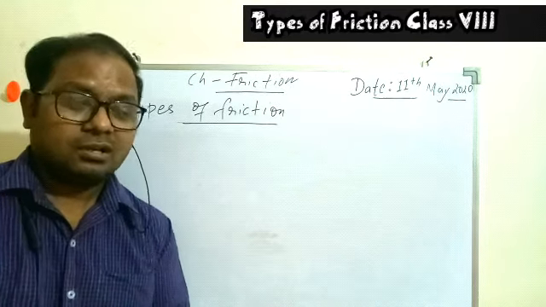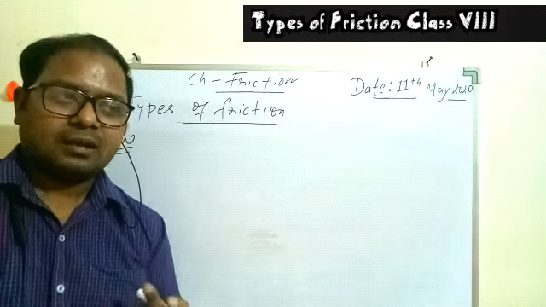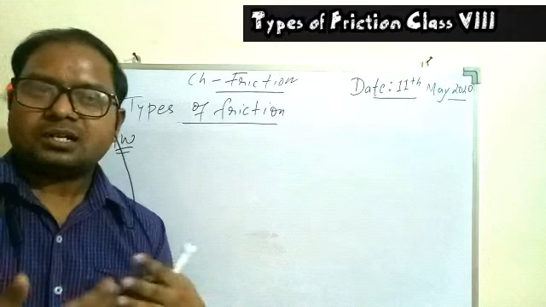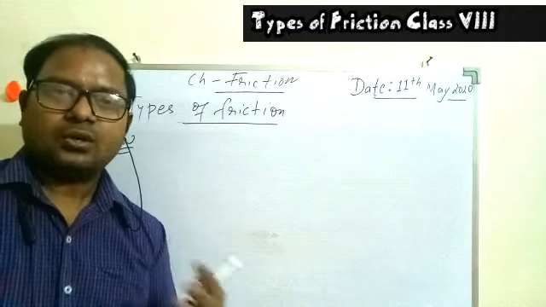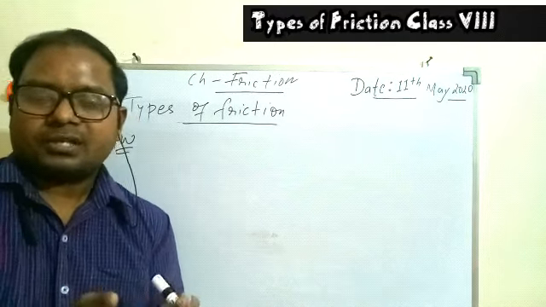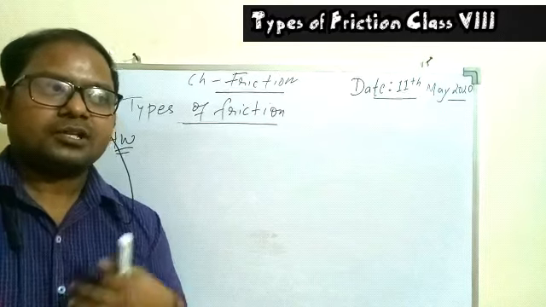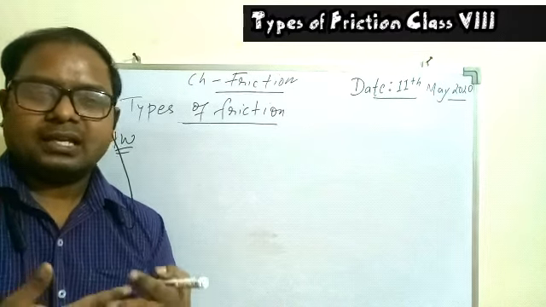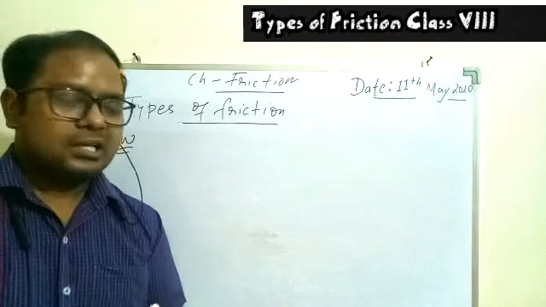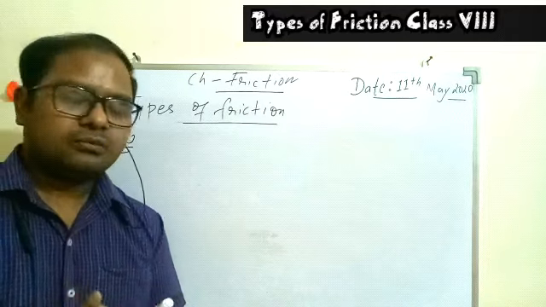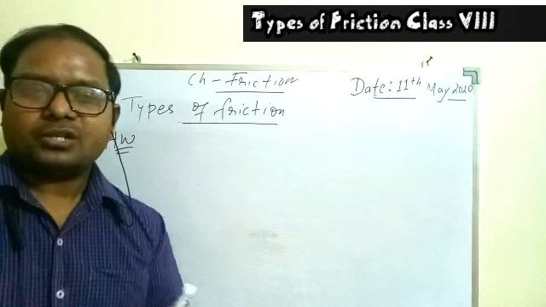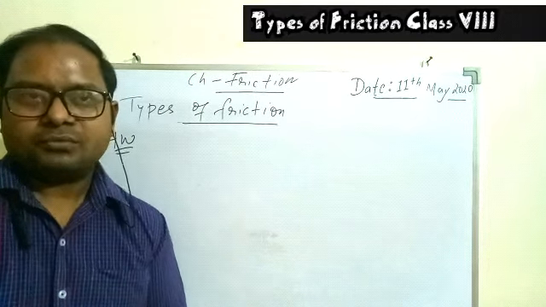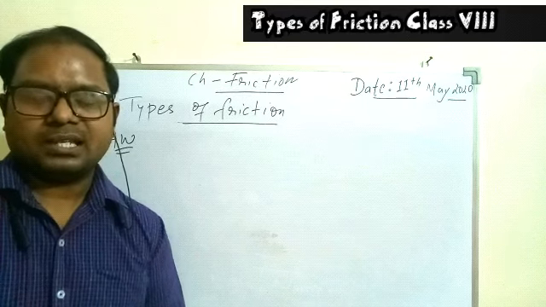When the object is at rest and you are applying force, it has static friction. When the object starts moving, it can slide or it can roll. If it is sliding, the friction is called sliding friction. If it is rolling, the friction between the two will be rolling friction. Rolling friction is minimum and static friction is maximum, and based on these concepts we can apply friction force in real life situations, which we'll see in the next class.